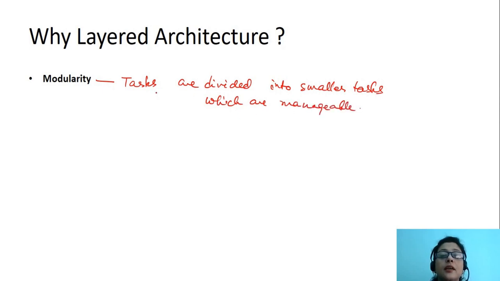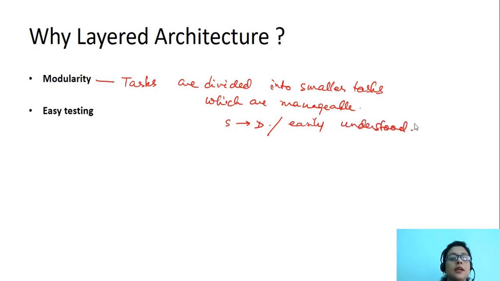Because the entire task of data transmission between the source and the destination is a huge task which may not be manageable at all. And also the task will be easily understood. Next is easy testing. If there are any changes in one layer, the new changes are easily tested because these changes will not be reflected in other layers.